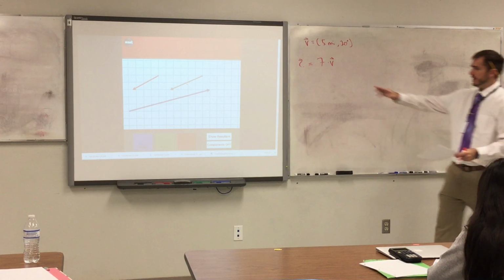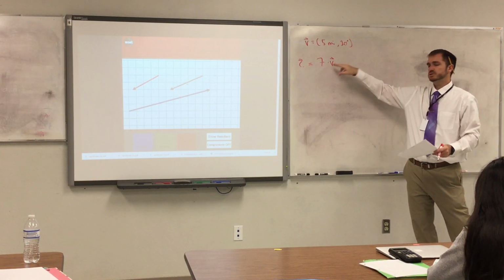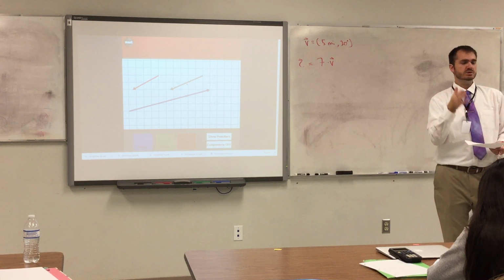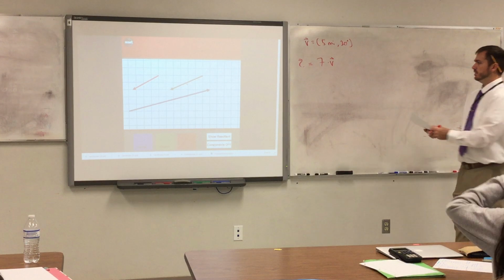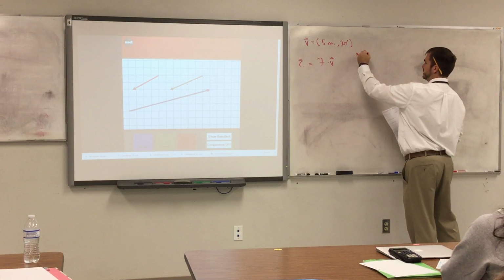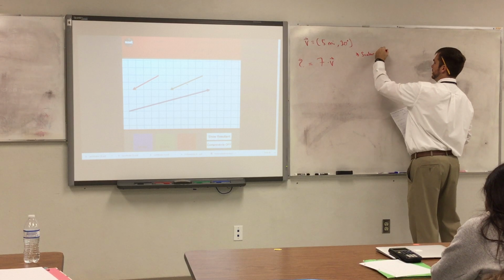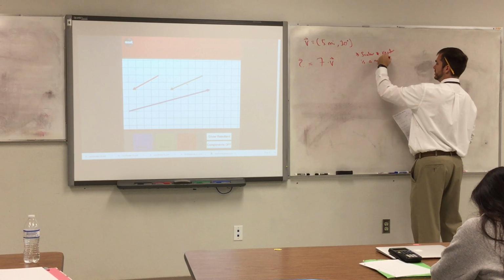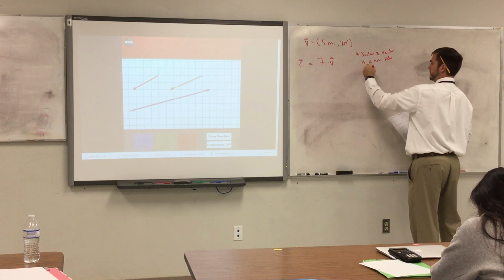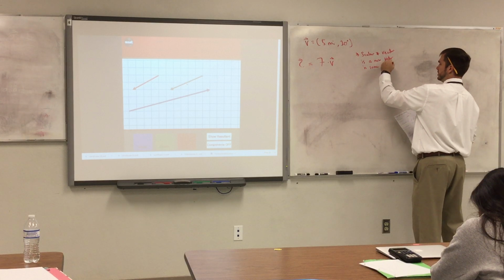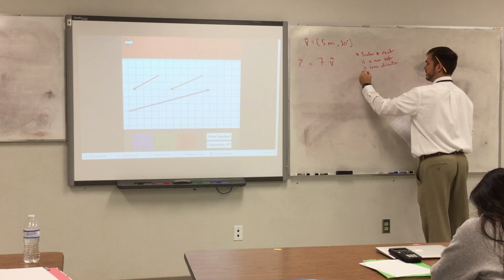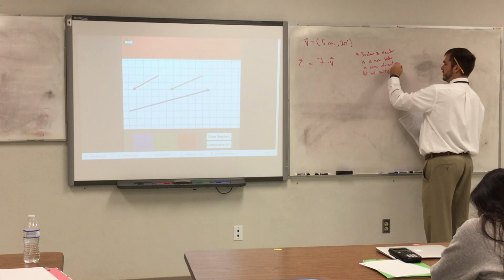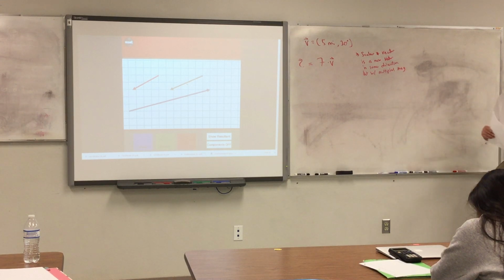When you have a number like this, a scalar, multiplied by a vector, what you do is you just multiply the magnitude. Okay? So we'll write a note here. A scalar times a vector is a new vector in the same direction but with multiplied magnitude.